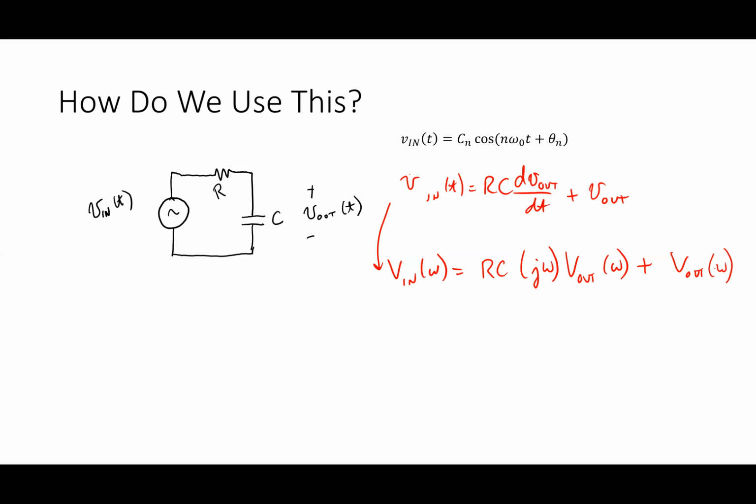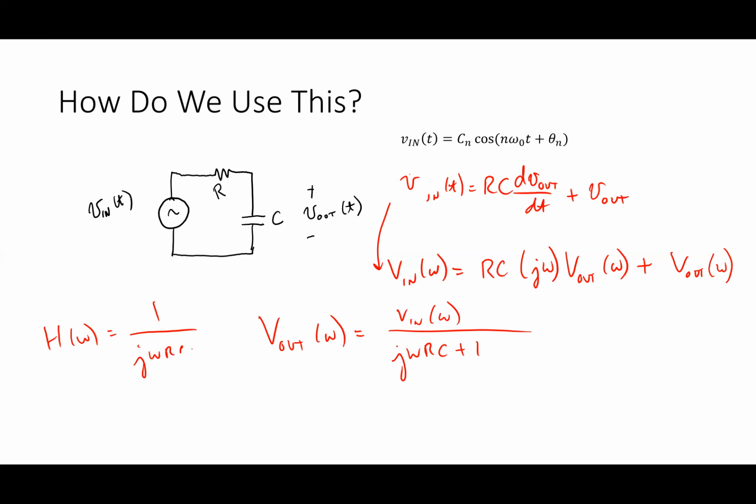So I can rearrange this and get that Vout of omega is equal to Vin of omega over j omega RC plus 1. And I have that my transfer function, h of omega, is 1 over j omega RC plus 1. Okay, so we'll write this, guys, h of omega times Vin of omega. Now that's the same result you would get from impedance analysis, right?